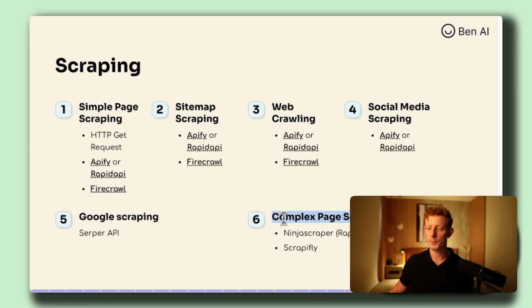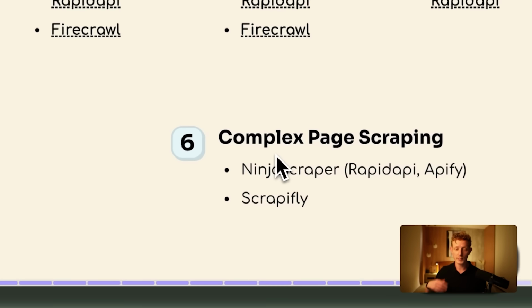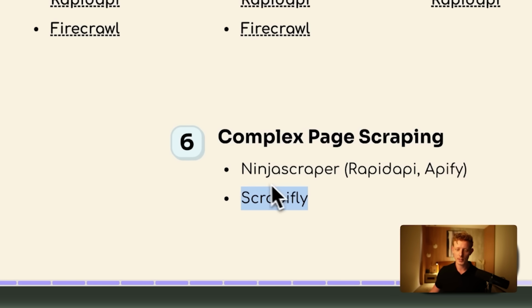So for example, e-commerce is a very common use case where they have heavy protection in place, like Amazon or any e-commerce usually has pretty heavy protection. Then we also have some websites which are maybe login protected or have cookie pop-ups or CAPTCHAs, things like this. So for those types of websites, we can use different types of scrapers, which I'm also going to show you in a second.